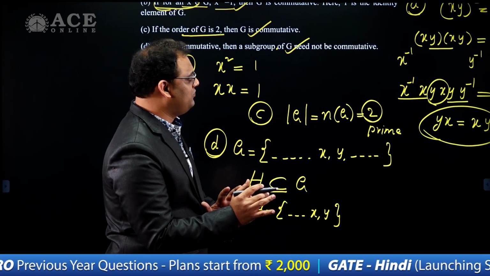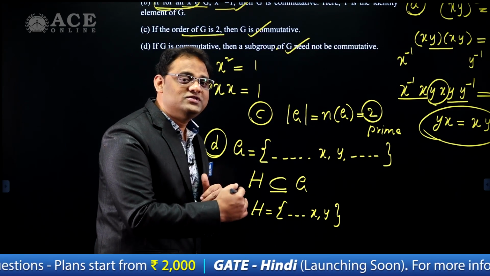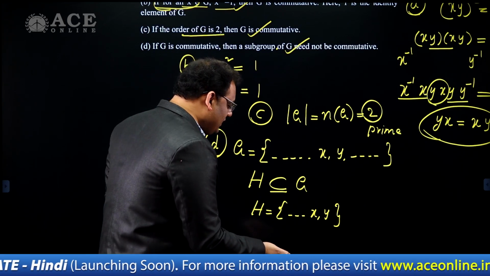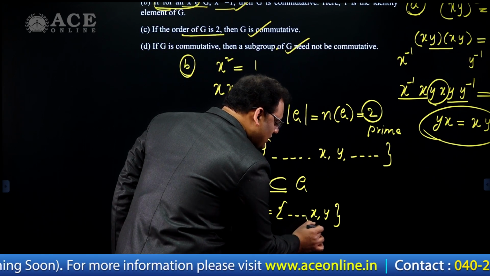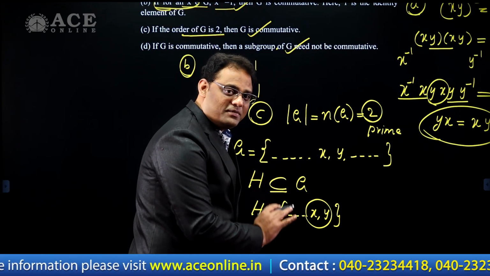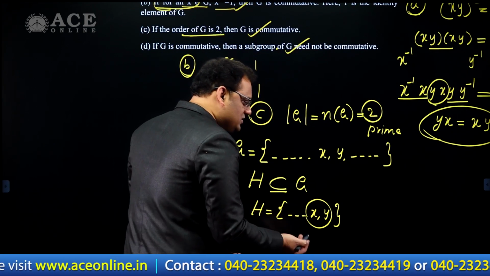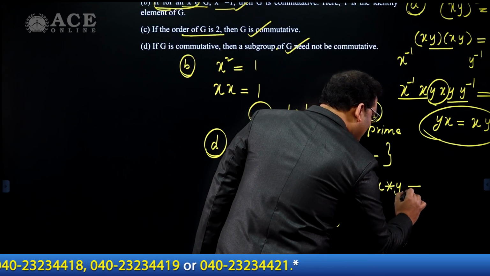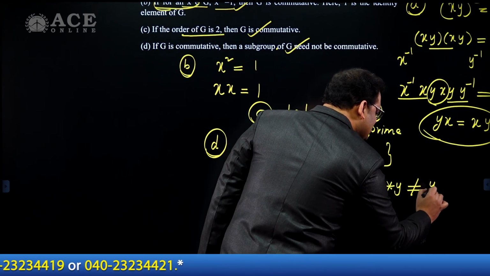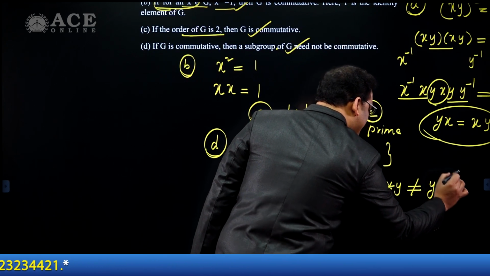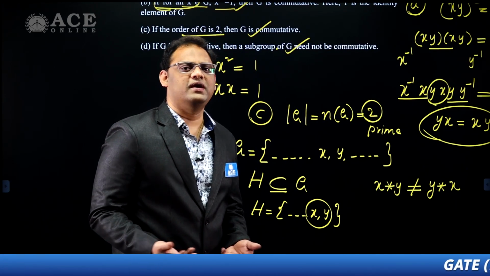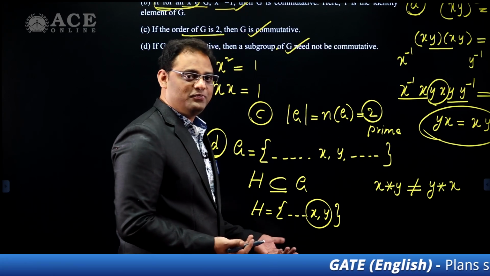A subgroup of G need not be commutative means, let us suppose H is not commutative. If H is not commutative, there exists some pair X comma Y in H such that X star Y is not equal to Y star X. I just supposed that H is not commutative.